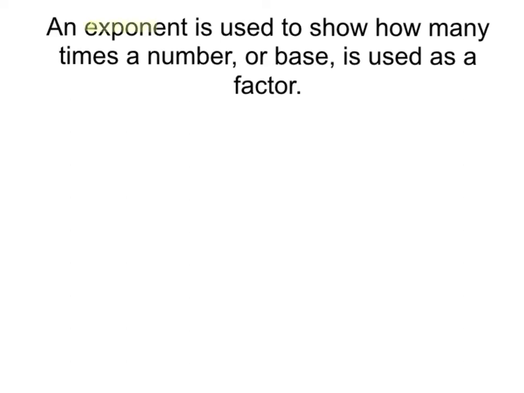An exponent is used to show how many times a number or base is used as a factor. So what this means is, if you're looking at a large number, say 625, we want to know what's a factor of that. We know that since it ends in a 5, it's going to be a multiple of 5.